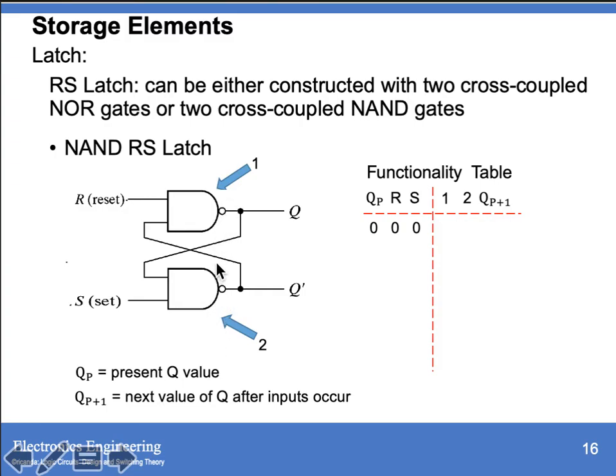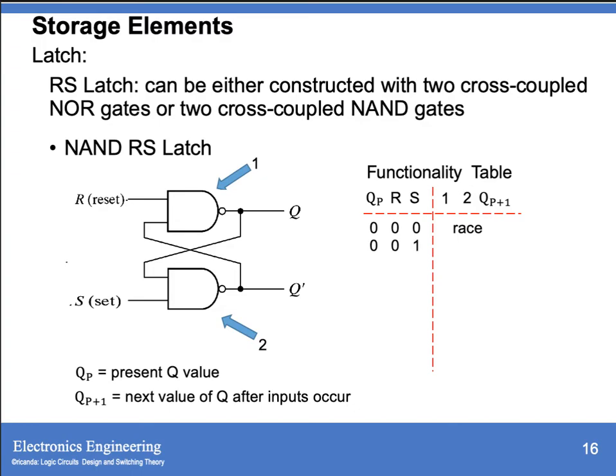Recall in the truth table of your NAND gates, if one of your inputs is 0, it means that it will generate a value of 1. If this is also 0, it will generate a value of 1. So we don't know which of these NAND gates will generate a 1 first. So we call that a race condition.